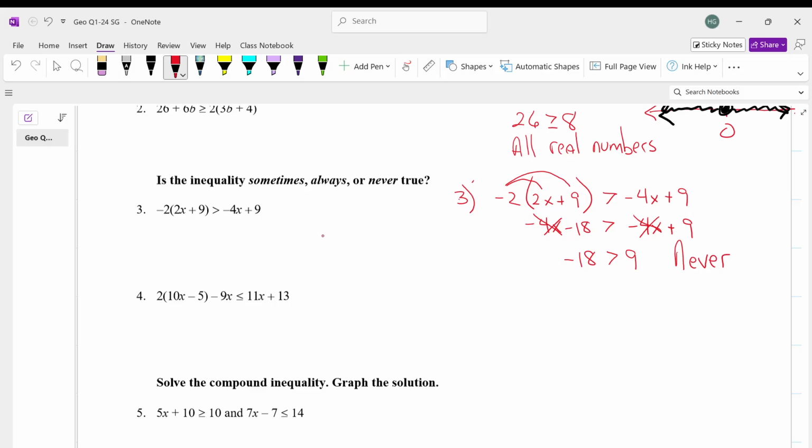In problem number 4, we've got 2 times 10x minus 5 minus 9x less than or equal to 11x plus 13.